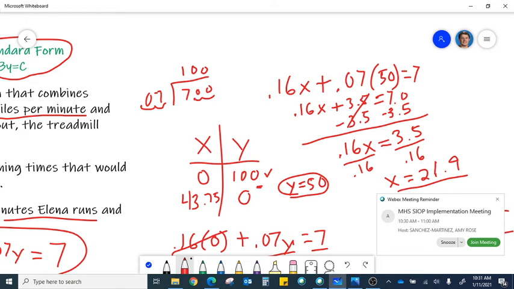Alright, so I'm going to rewrite this table, and that will give me all of my points, and I'm just going to plug in 50 and 21.9, and those are going to be my points. So if I were to list them out, these are the points: 0, 100. The next point in between that would be 21.9 and 50.